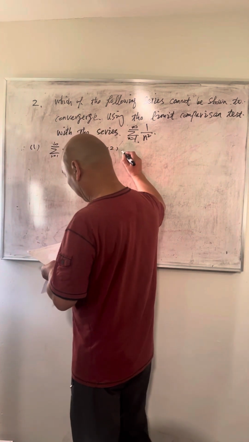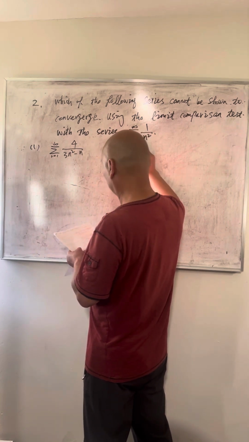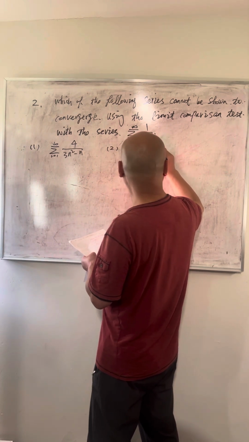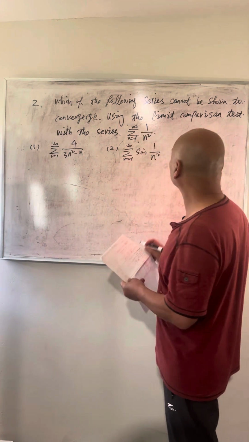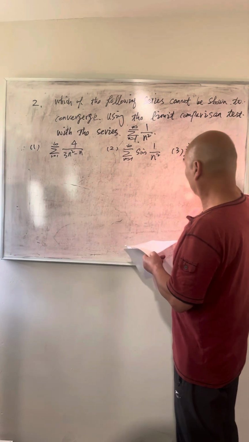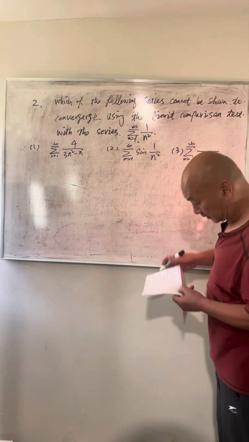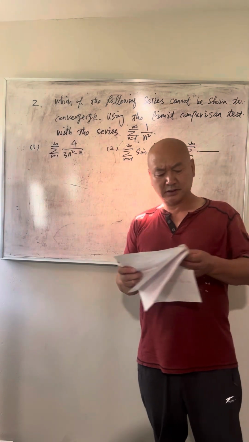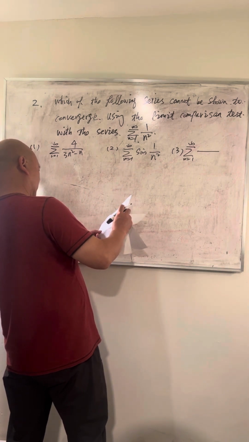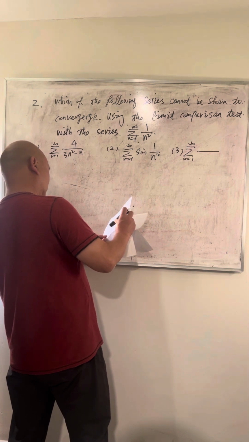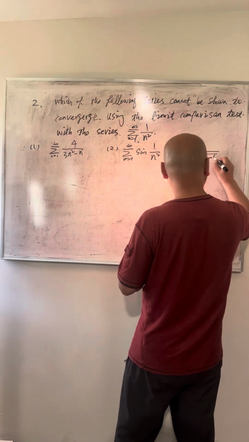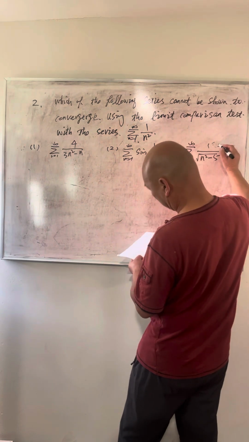Second, n squared over 1. Third, the denominator is the square root of n squared minus 5, over 15.